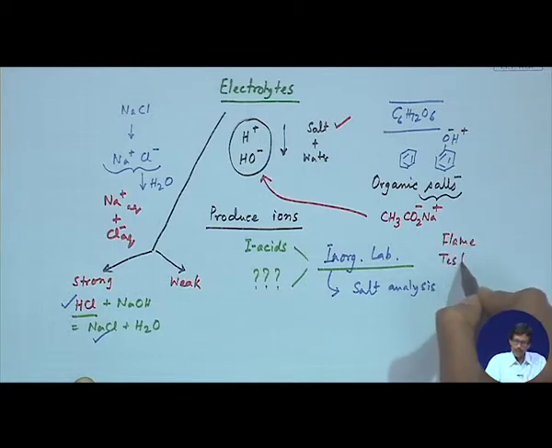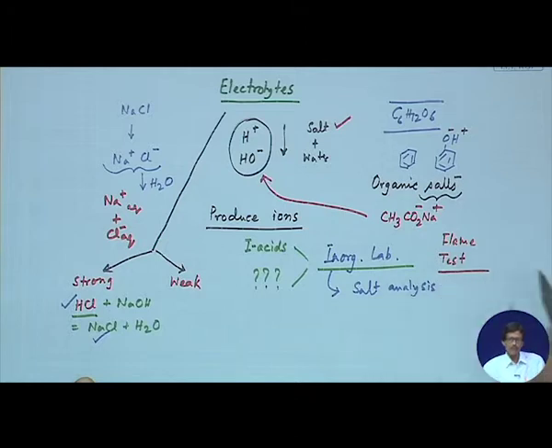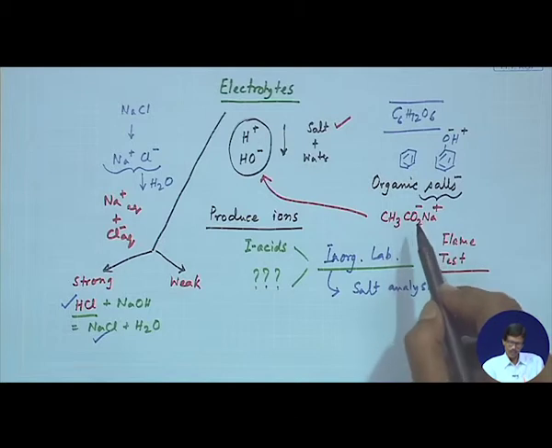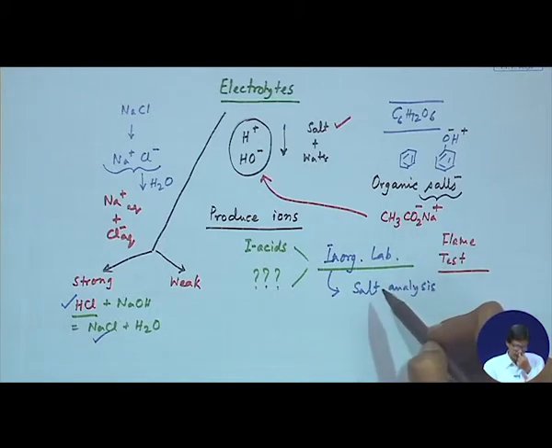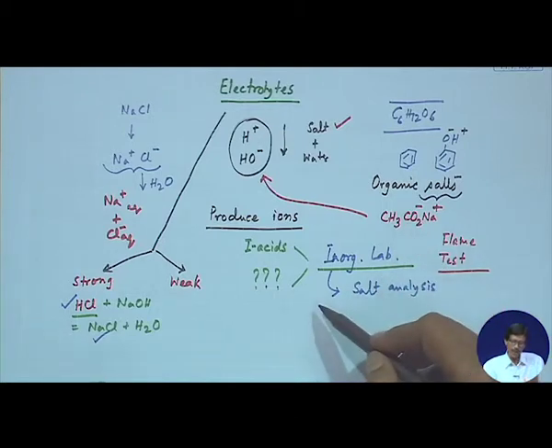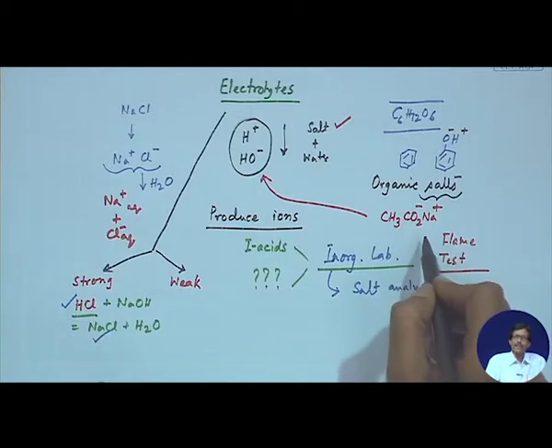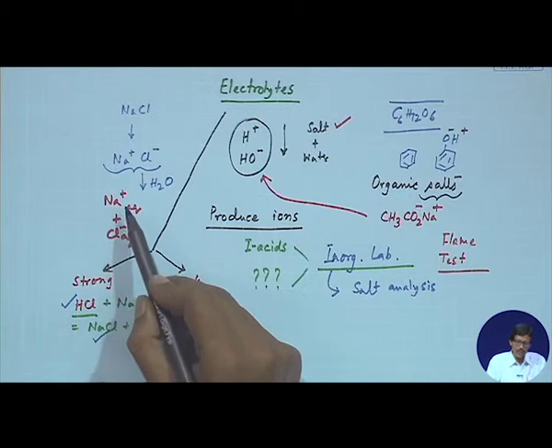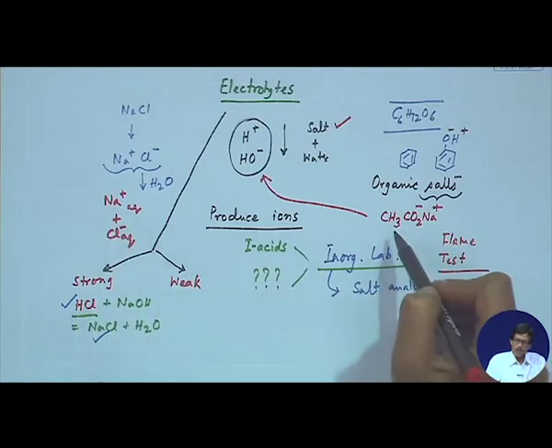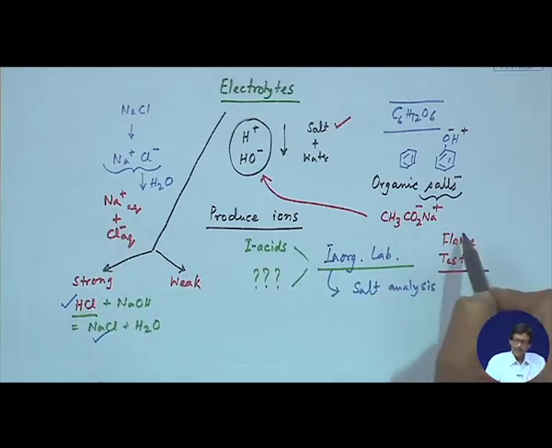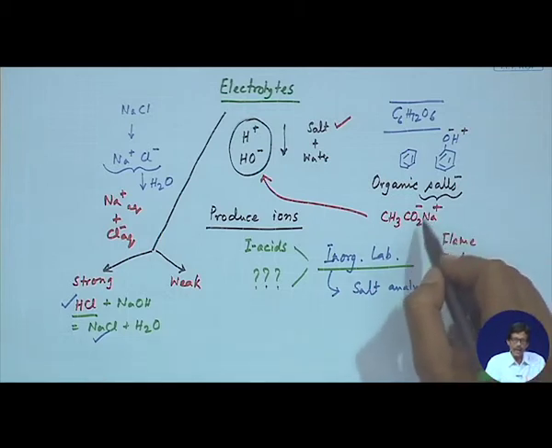A golden yellow flame can be developed if we directly introduce a sodium salt, which is a strong electrolyte, that means which can be either a salt of an inorganic acid or a salt of an organic acid, or rather a sodium salt of HCl or a sodium salt of acetic acid. So, they can respond to the corresponding flame test, and if they are also present in the solution, we can have a wet test.